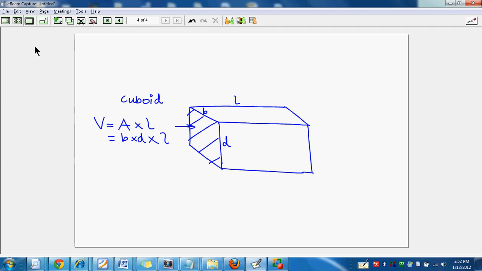That will be L. So the volume will simply be BDL. So the volume of the cuboid is BDL. Right? Breadth by depth by length. Okay, so take that.